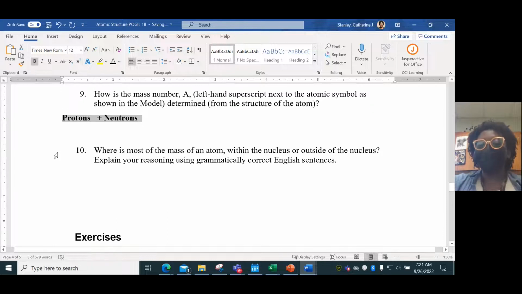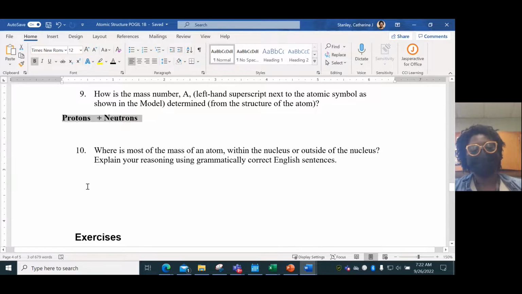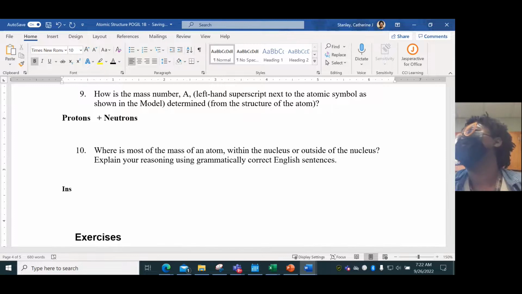Number 9. Where is most of the mass of an atom? Within the nucleus or outside of the nucleus? Everybody yell it out. Look at you, class. That was good. All right, explain your reasoning using grammatically correct English sentences. Who's got it? What you got? Beautiful. Well played. Inside the nucleus. This is how I'm going to write this. Adjust your answer accordingly.